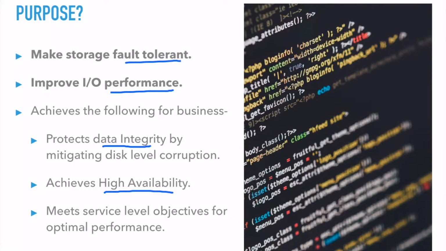This is not the only function which achieves HA, but this contributes to that need. It meets SLO, service level objective, for optimal performance. Now what it means is, if you have a critical system which requires very high performance, you would invest in the right type of RAID, and you would also invest in the right technology, which would then benefit in achieving the final business objective.